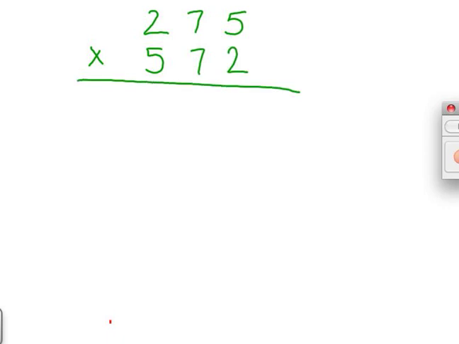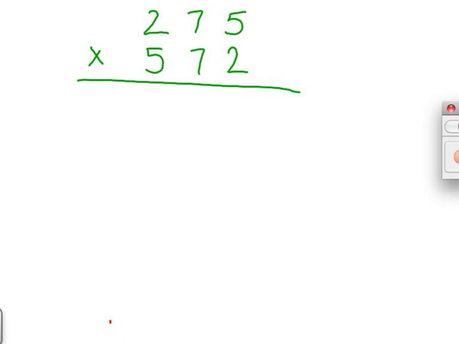The nice thing about multiplication is the larger number does not have to be on top, especially if they're both the same number of digits long. It seems to be easier if one is 2 digits and one is 3 digits to have the 3-digit on the top and the 2-digit number below. But since they're both the same amount of digits, it doesn't matter which order they're in.